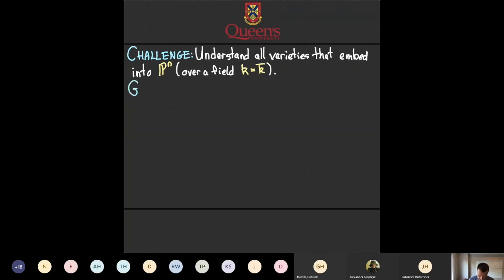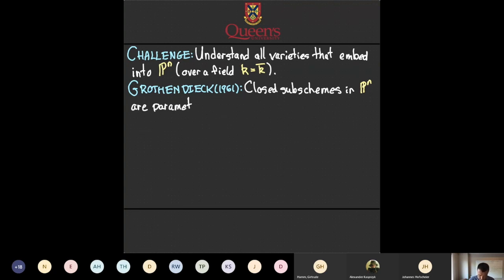Grothendieck recast this question in the 60s in a geometric form. He showed that closed subschemes in projective space are parametrized by another space, which he called the Hilbert scheme.